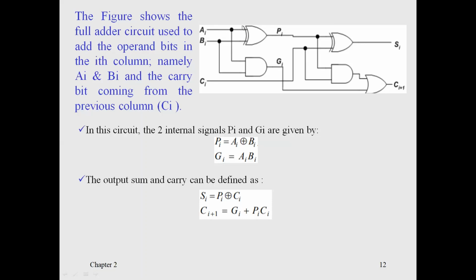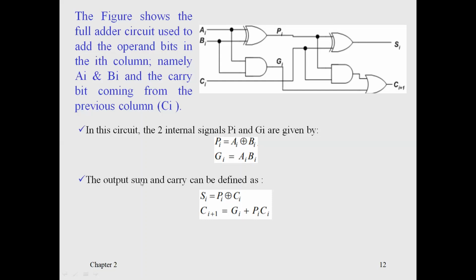In this circuit, the two internal signals Pi and Gi are given by: Pi is equal to Ai XOR Bi, and Gi is equal to Ai Bi.